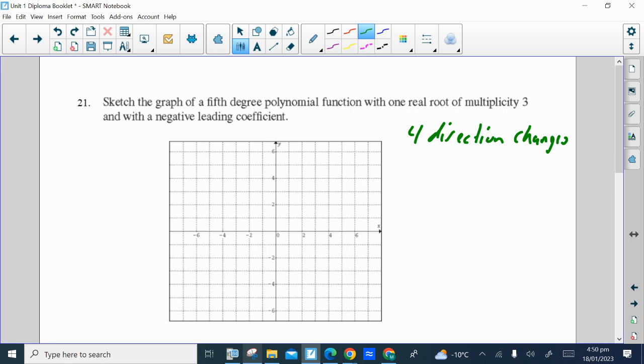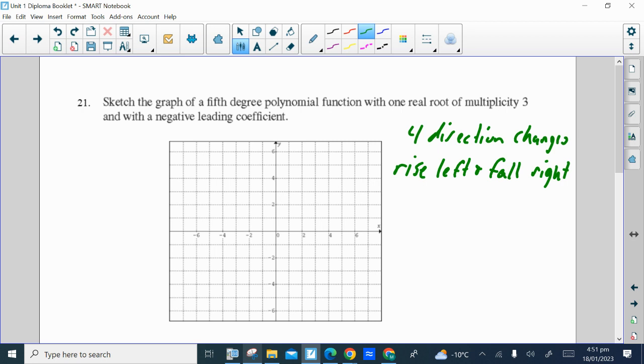If there's a negative leading coefficient, because the degree is odd, you compare it to a line. A line with a negative leading coefficient means it's a negative slope. The graph will rise left and fall right. So that's what the negative leading coefficient does.